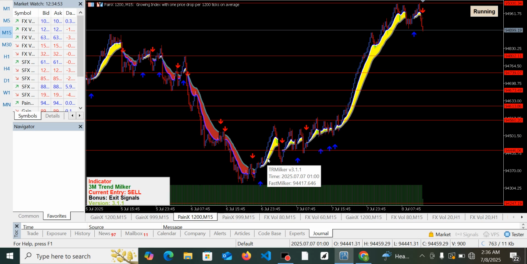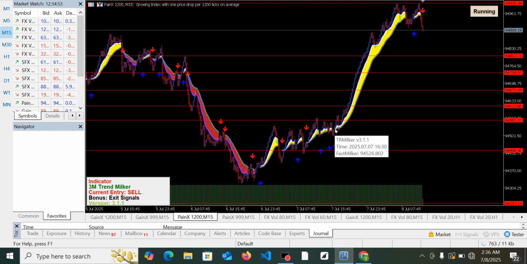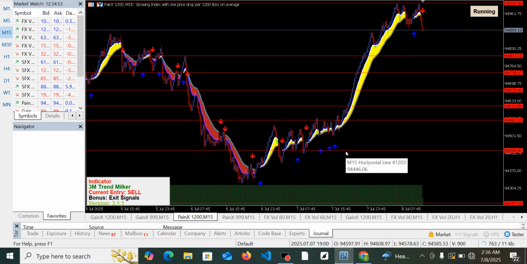The indicator gave me the uptrend signal, and of course I looked for the best way to go into the market, and we went into the market, and I set my stop loss. Like I always tell you, your risk management techniques or skills is very, very important. I set my stop loss and I set the TPs, and of course that was it. It is as easy as that.